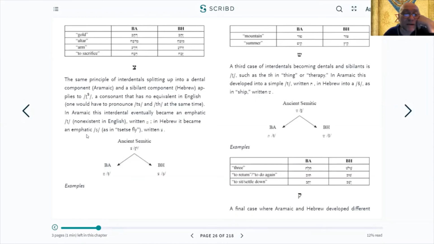In Hebrew, it became an emphatic S, as in Setzi, and written with a Zadik. So it's like a TS sound. Ancient Semitic, Biblical Aramaic T and this tet, Biblical Hebrew S and Zadik examples.